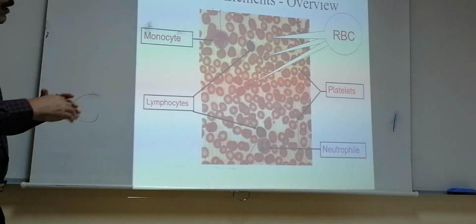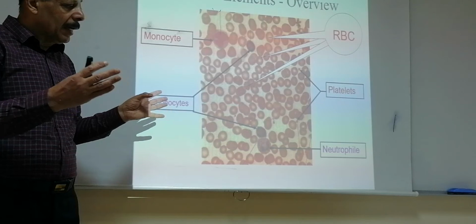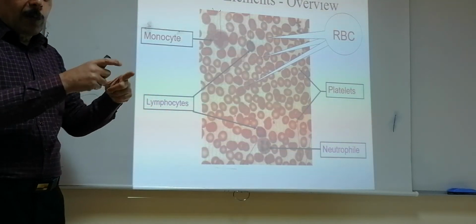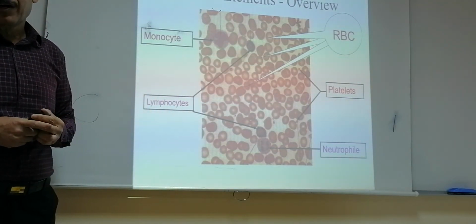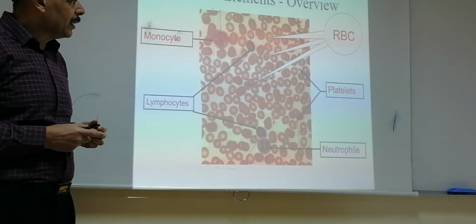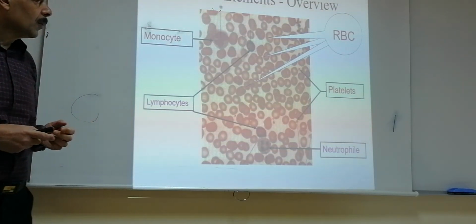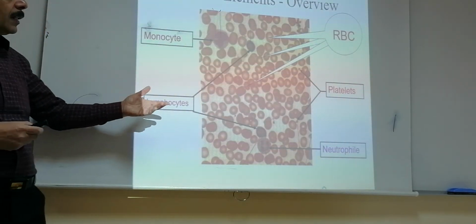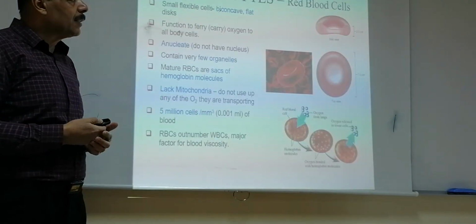So this is the formed element of the blood when we are seeing it under the microscope. You can see the monocyte, the lymphocyte, the neutrophil, the platelets, and the red blood cells.